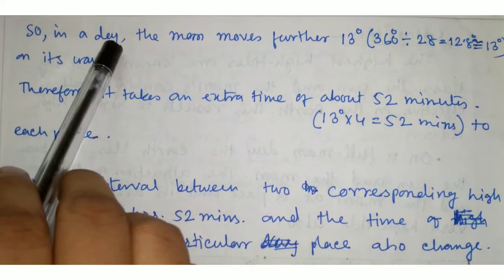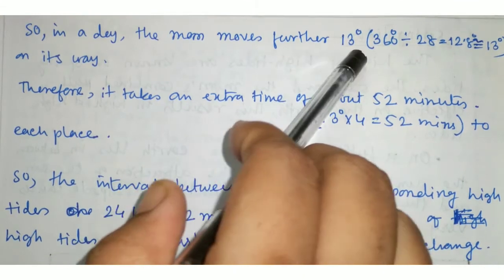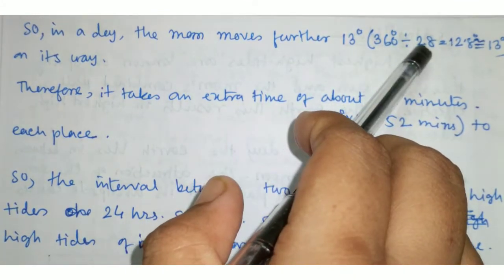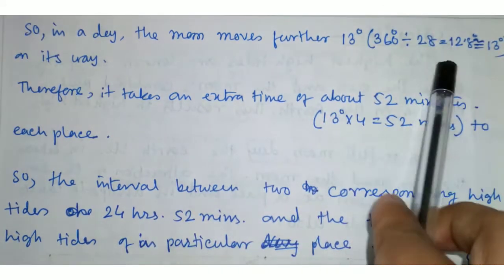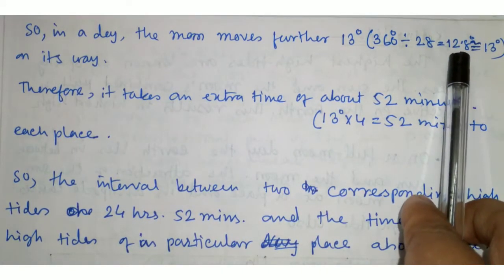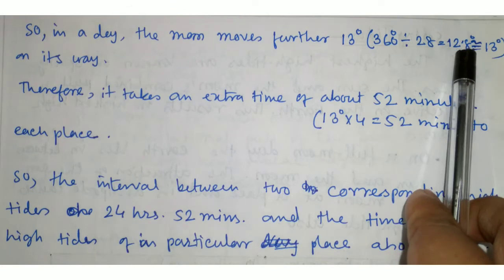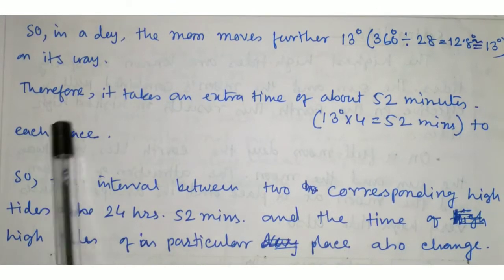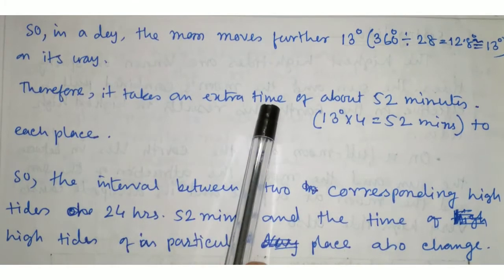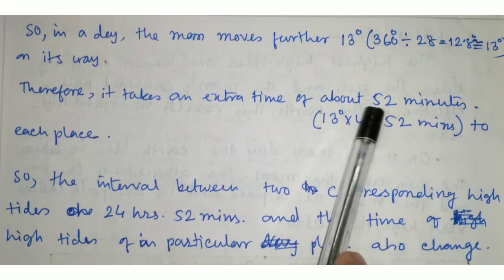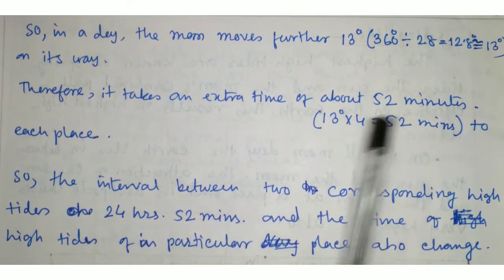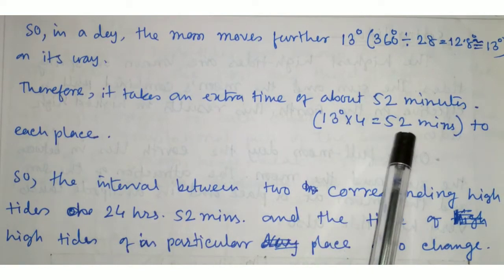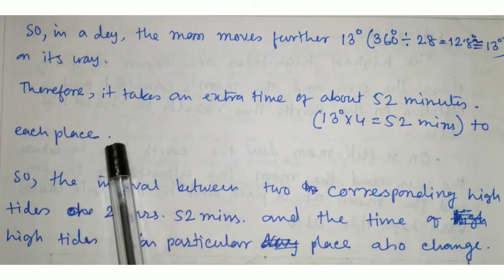So, in a day, the moon moves further 13 degrees, 360 degrees divided by 28, which is approximately 12.8 degrees, approximately 13 degrees on its way. Therefore, it takes an extra time of about 52 minutes. 13 degrees into 4 is equal to 52 minutes to each place.